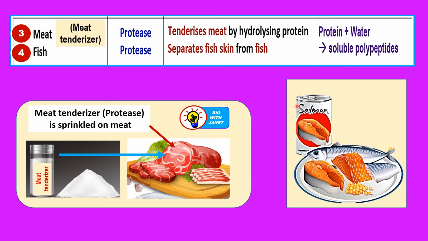So in the preparation of canned salmon, this fish skin is separated from the fish meat by using protease, which will dissolve the connective tissues on the skin, and then the skin can be easily separated from the fish meat before canning the fish. So the equation is the same. The protease digests the protein, hydrolyzes it to form soluble polypeptides.